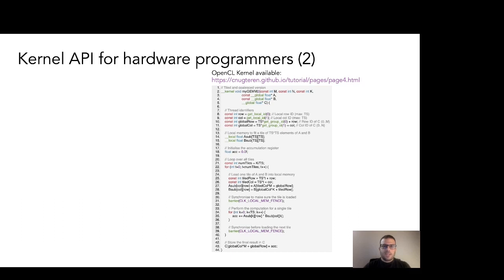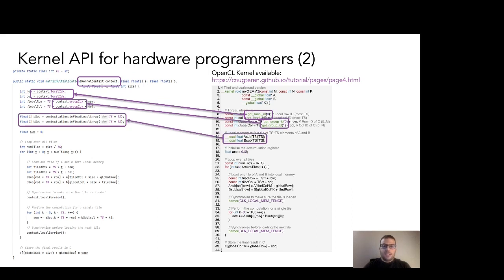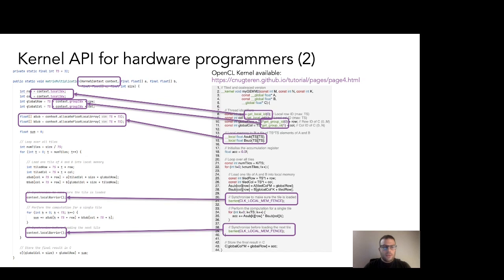In this case, we implemented the matrix multiplication using the kernel context, which is the object for the kernel API. And then we have used the local identifiers, the group ID, we have allocated the local memory, but in Java this allocation is flattened. And then we have the actual barriers that we used before the actual computation on a single tile.